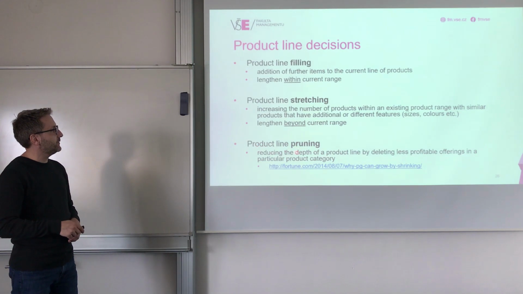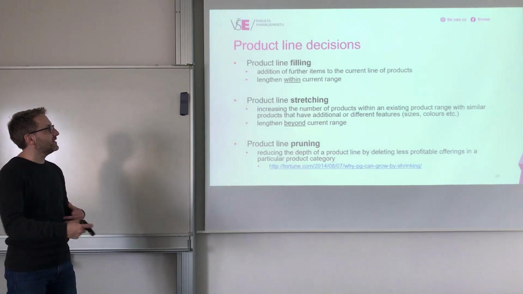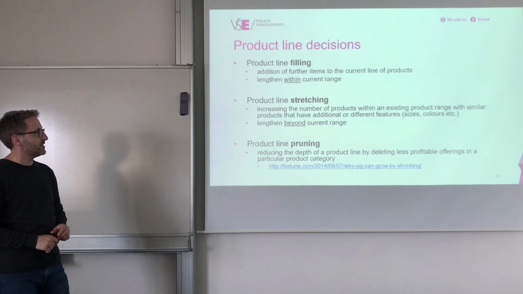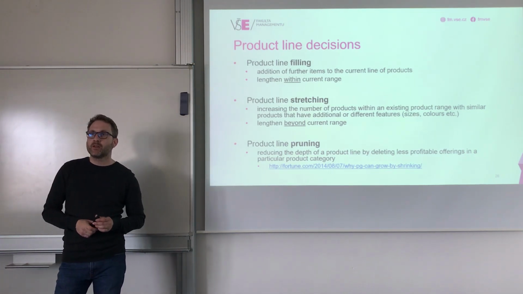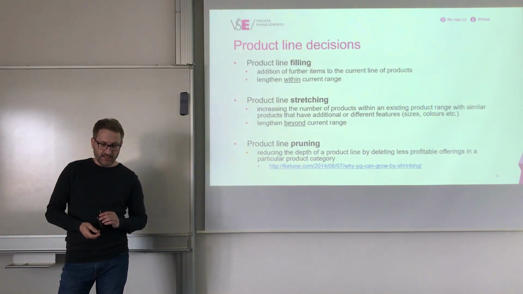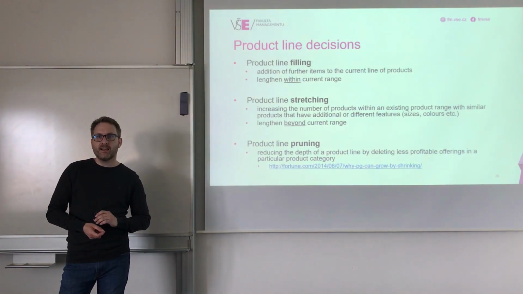Or you can do product line pruning, which means that you reduce the depth of the product line by deleting the less profitable offerings in a particular product category. For example, this is the case of Nestle.